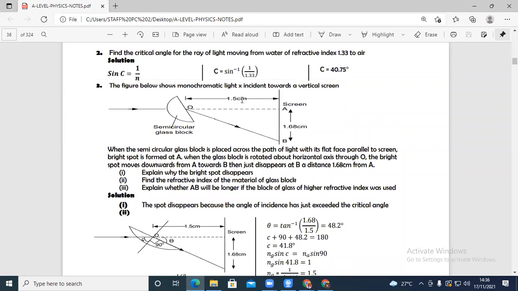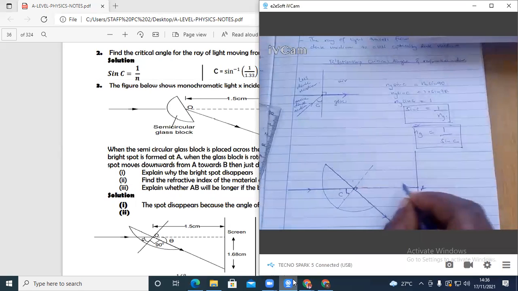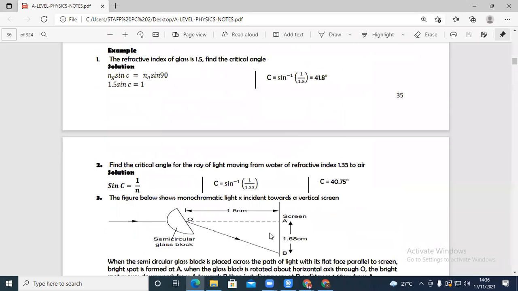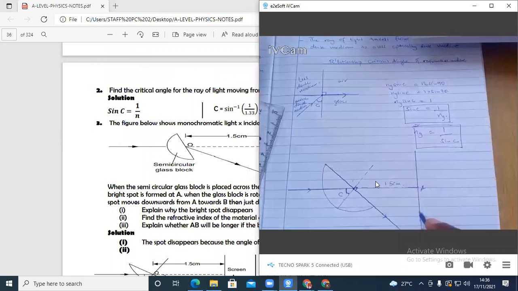So this distance here, from here up to here, I'll say 1.5 centimeters. And also they said that this distance here is 1.68.